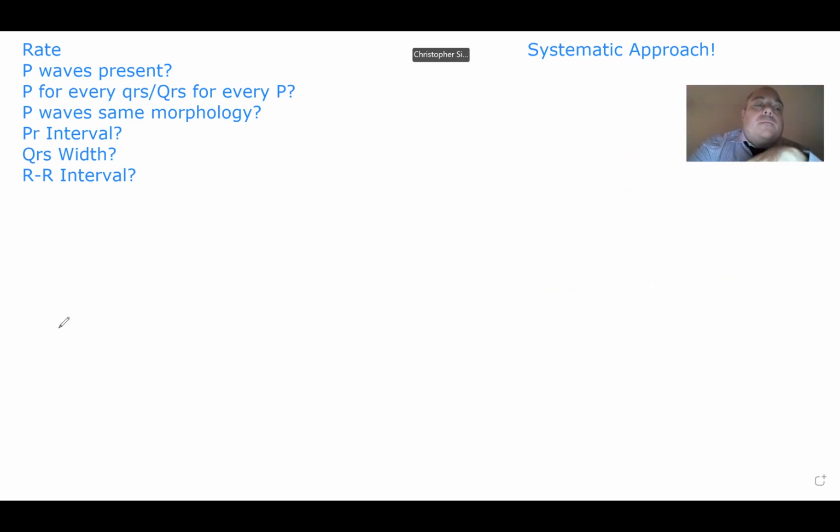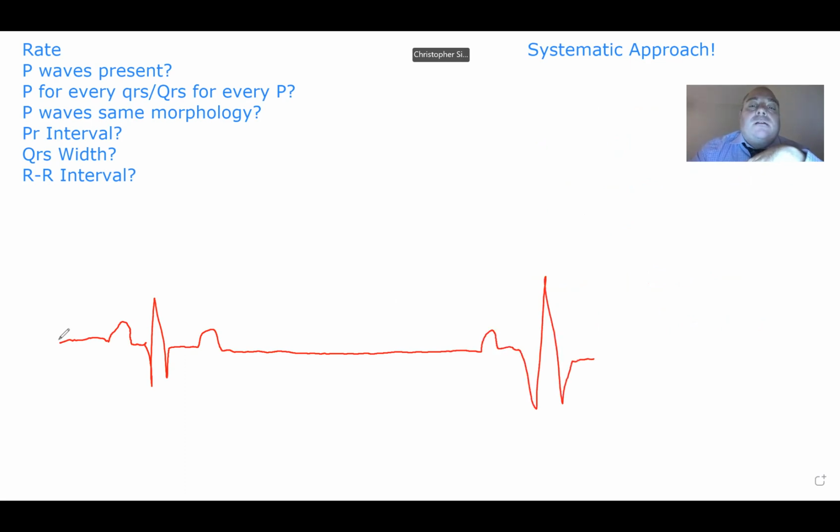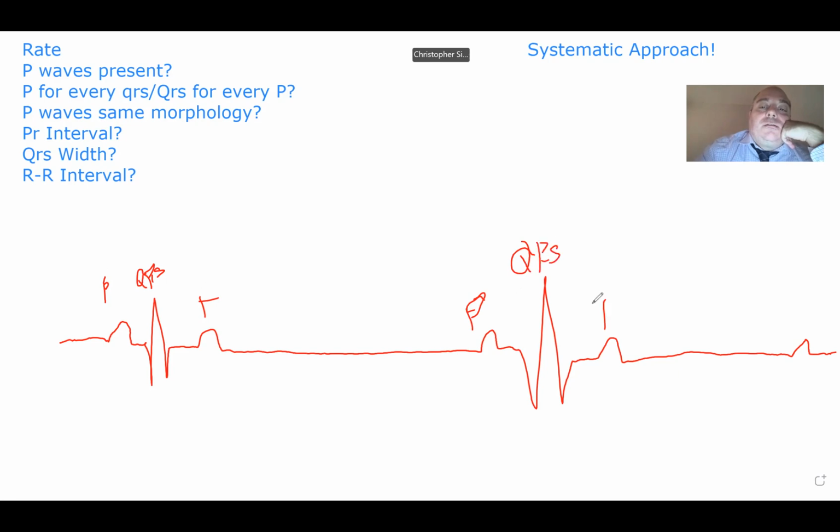So P wave, QRS, T, P wave, QRS, T, any day now, P wave. Oh, I ran out of room. Okay. So what do we got going on? We got P wave, QRS, T, P, QRS, T.